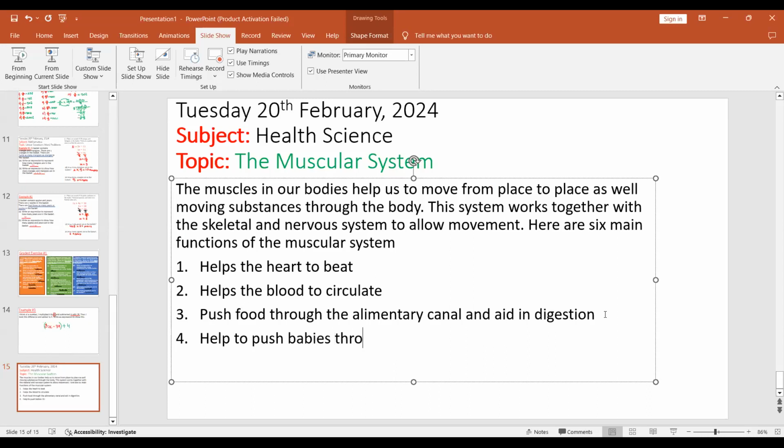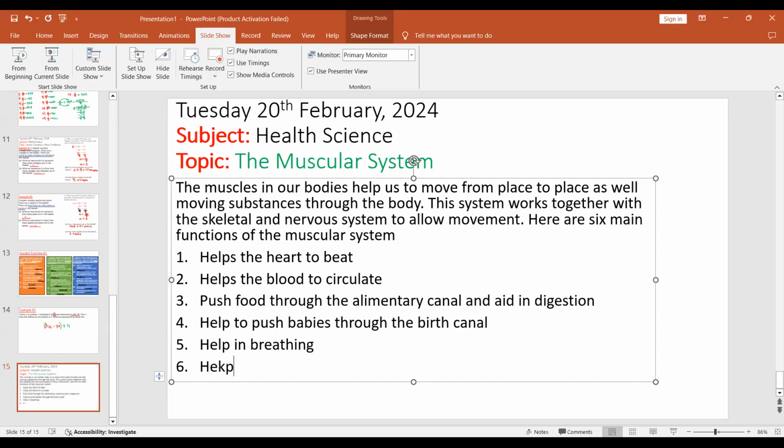And number 5, help in breathing. And number 6, help the body to move.